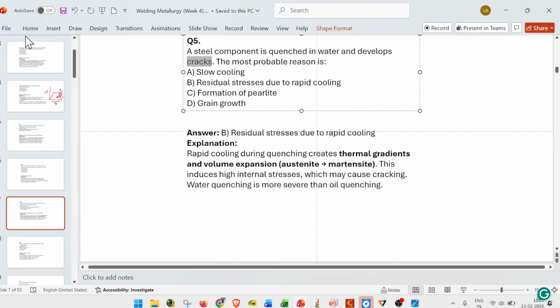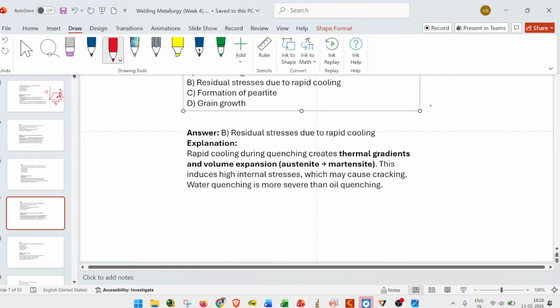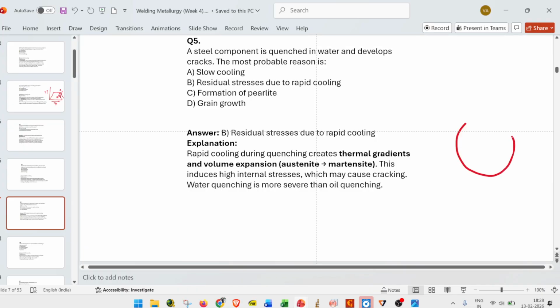If I do cold working, let's see what the internal stresses look like. On the surface level it will be tensile stresses, and inside it will be compressive stresses.